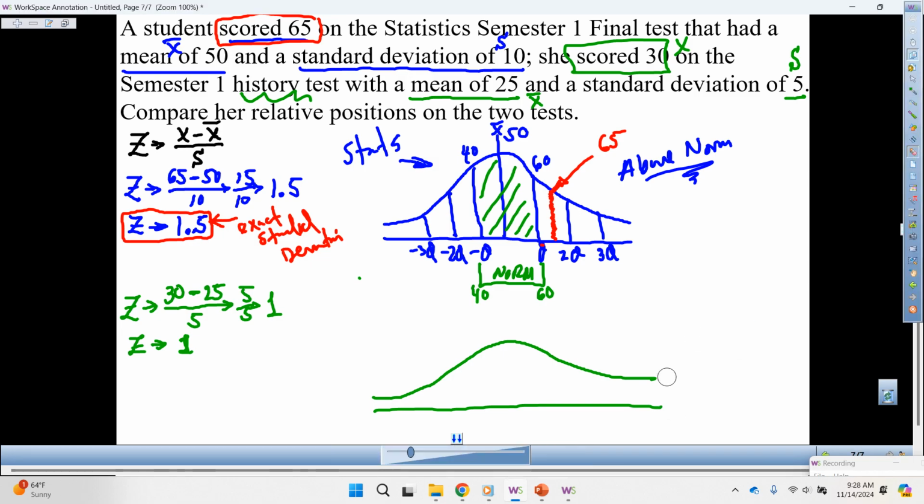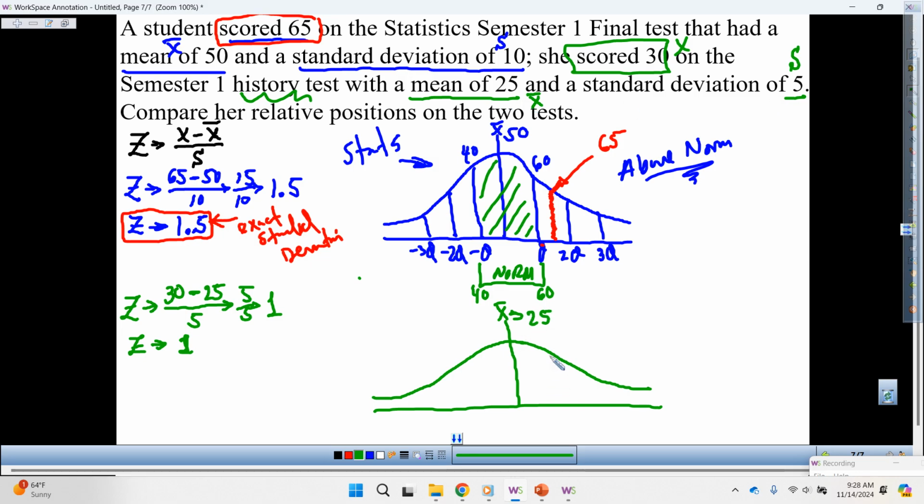Right here. Hold on, let me fix it. All right. So the mean for this one was 25.